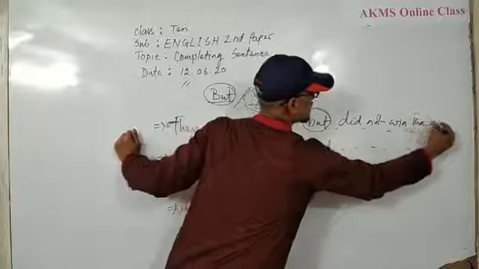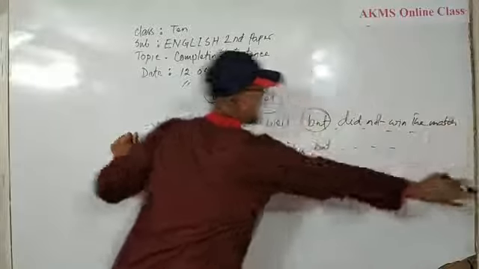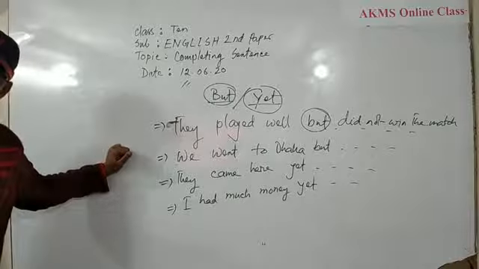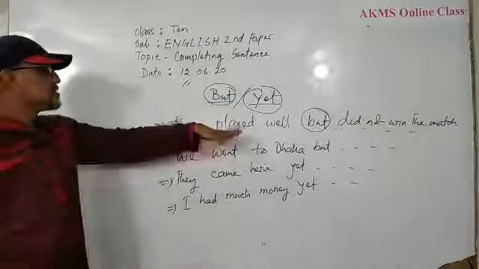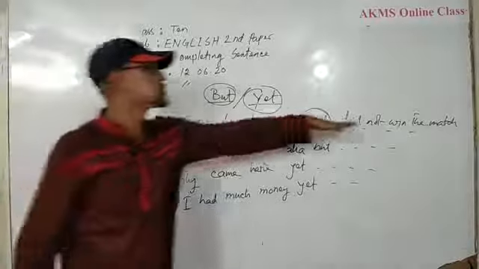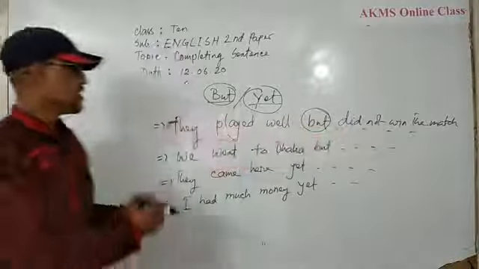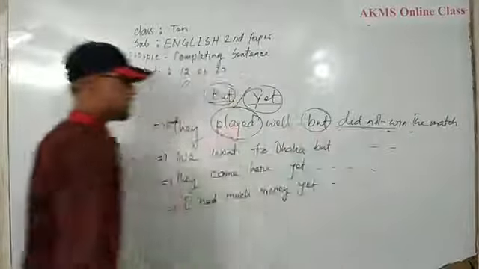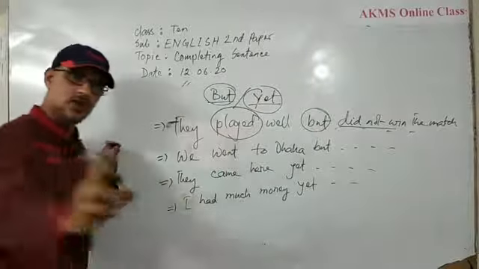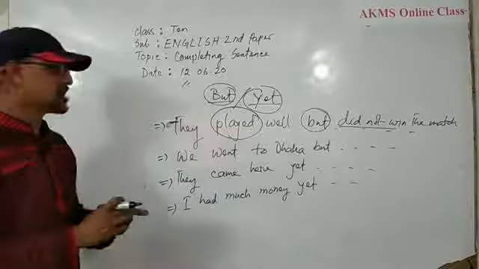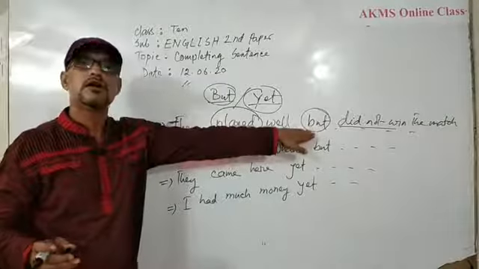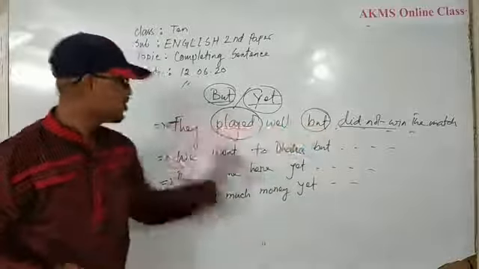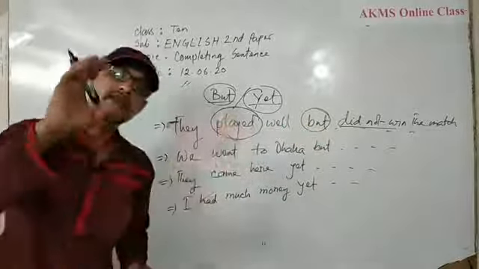They played well, but did not win the match. Okay? This action is opposite from that. And I have used the same tense: past indefinite, past indefinite. So you can identify that if the sentence is formed with the use of but or yet, both the verbs will be in the same tense.